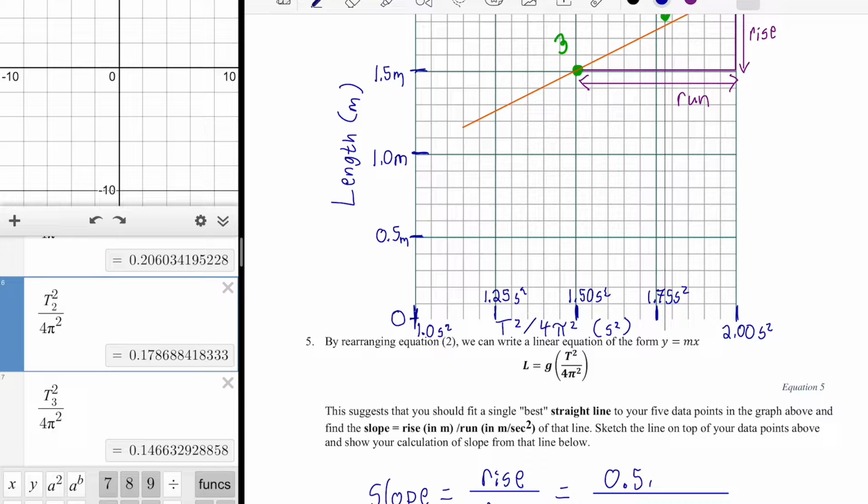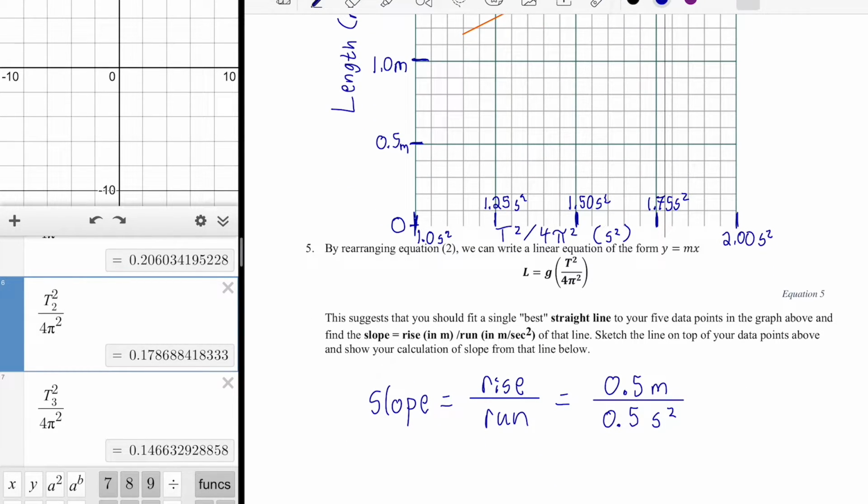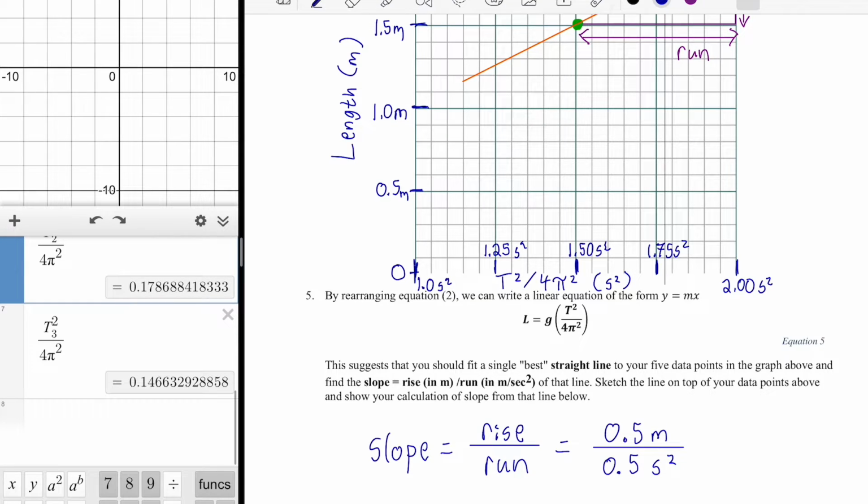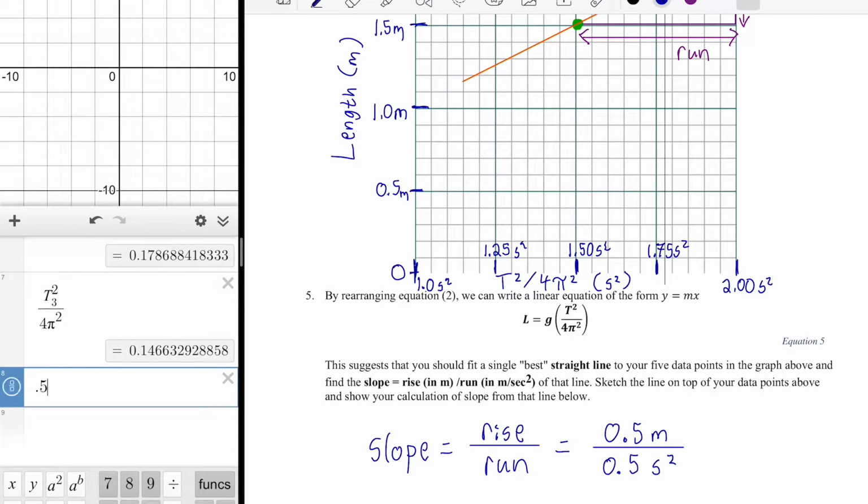You can see here that I point out the rise should be in meters, so I didn't make any mistakes there. Good. And then our run was half a square second, so 0.5 square seconds. You might be looking at that and saying, well, 0.5 over 0.5, what are we going to get? Well, let's plug that in. If I have 0.5 divided by 0.5, I'm going to get a value of 1.